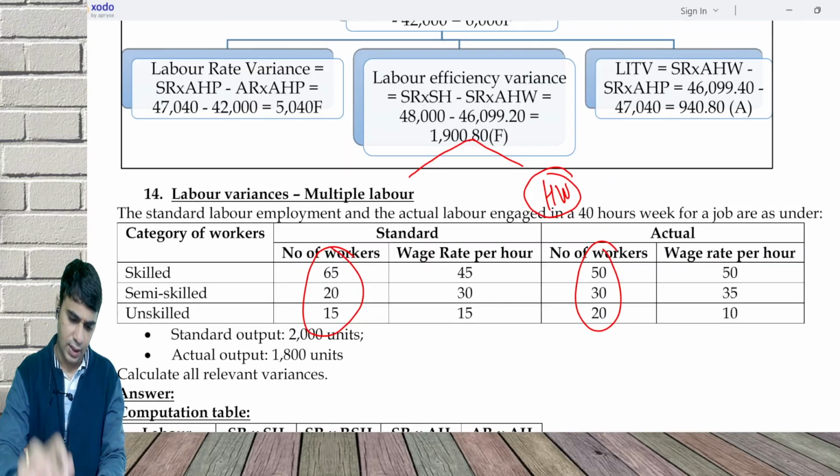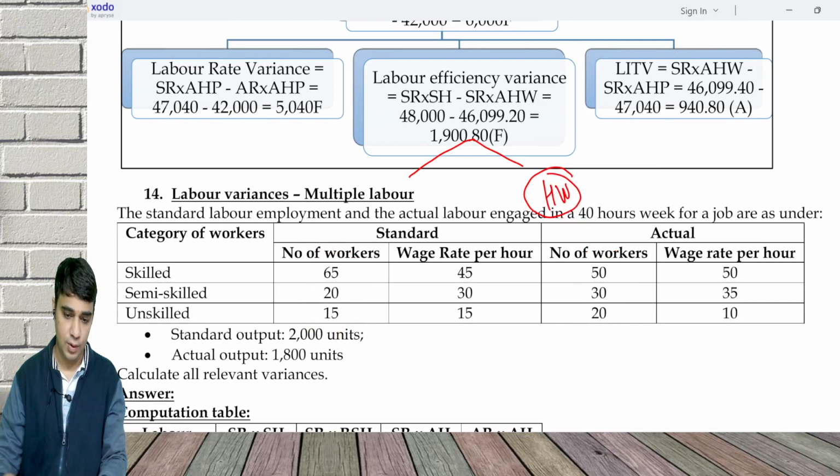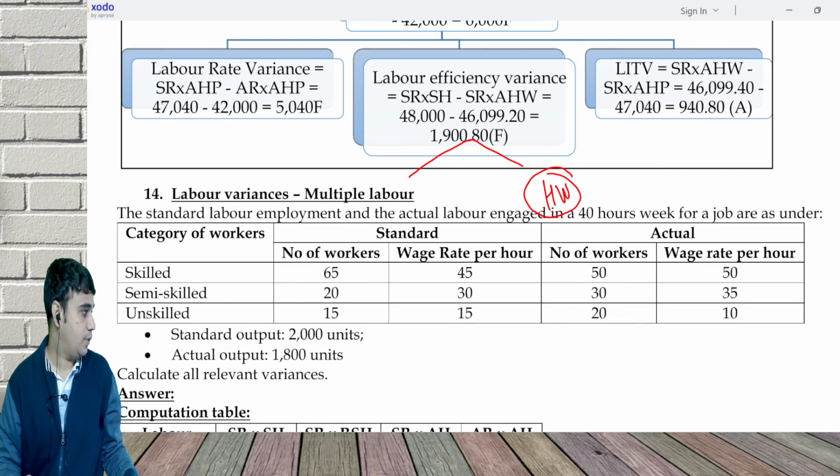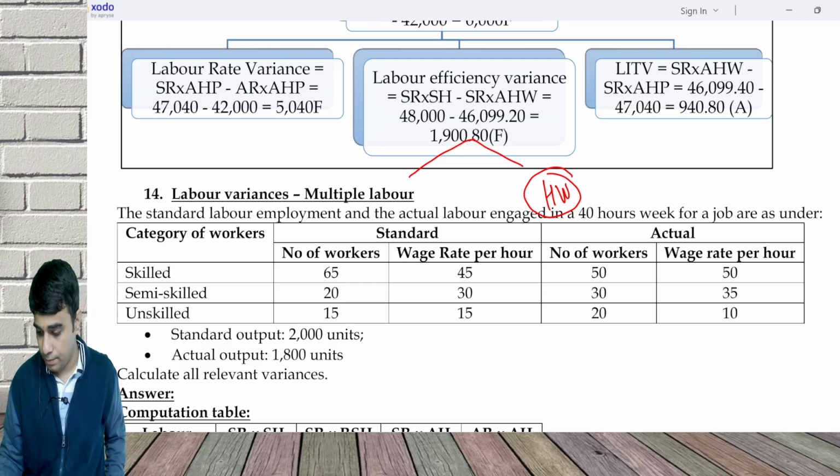Go through the question and tell me what's the standard equation. That is where students struggle a lot. What is the standard equation according to you in this question? Balance part you do at home.